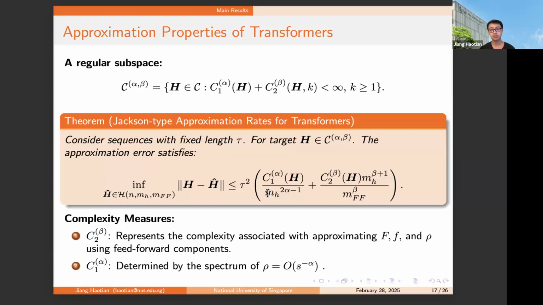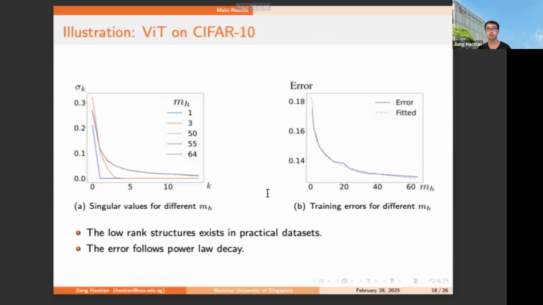Let's look at some experiments to show what we mean by low rank here. In order to estimate the rank of a real data set, we consider the vision transformer on the CIFAR10 data set.